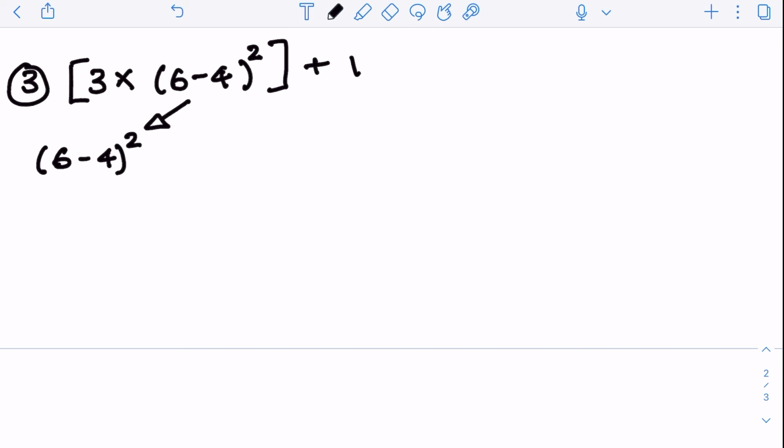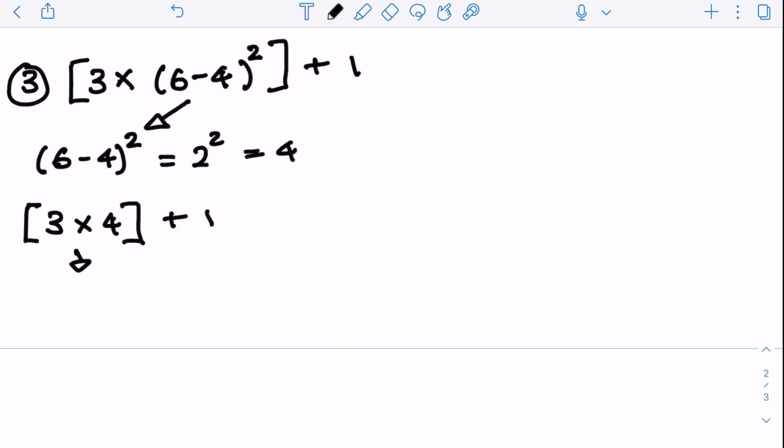Okay, so this is going to give us 6 minus 4. We'll work on the inside of the brackets first, which is 2, and that's all squared, which is going to give us 4. Okay, so going back to our original calculation, we've got 3 times 4 plus 1. So 3 times 4 we know is 12, plus 1 gives us our answer of 13.